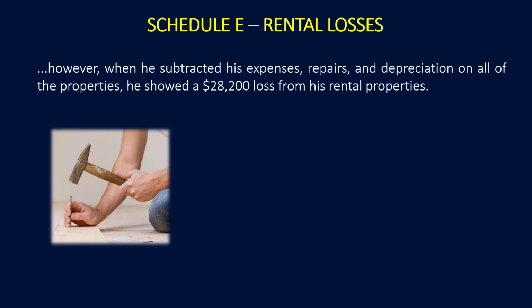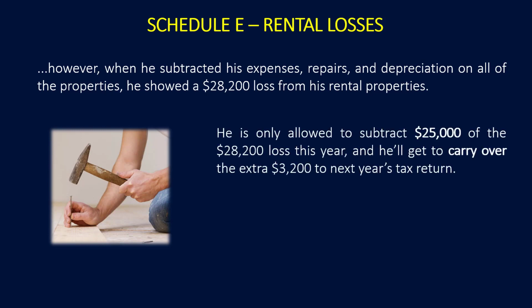However, when he subtracted his expenses, his repairs, and depreciation on all of the properties, he showed on paper a $28,200 loss from the rental properties. He's only allowed to subtract $25,000 of the $28,200 loss this year, but he'll get to carry over the extra $3,200 to next year's tax return.